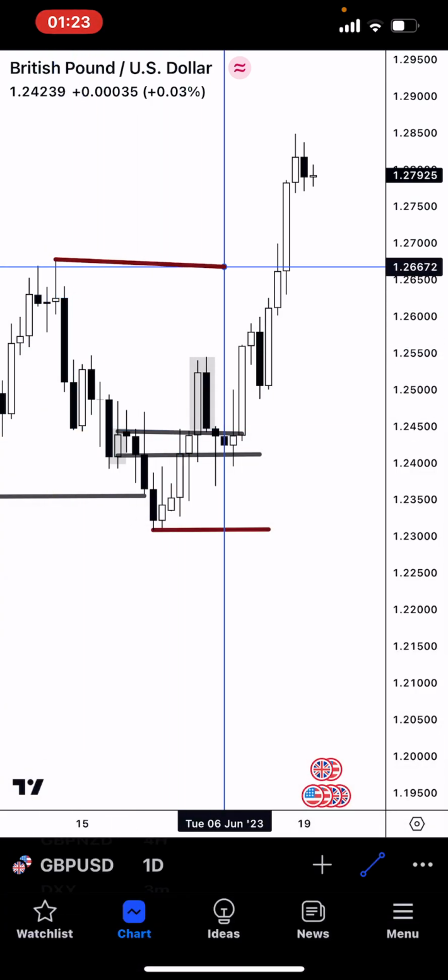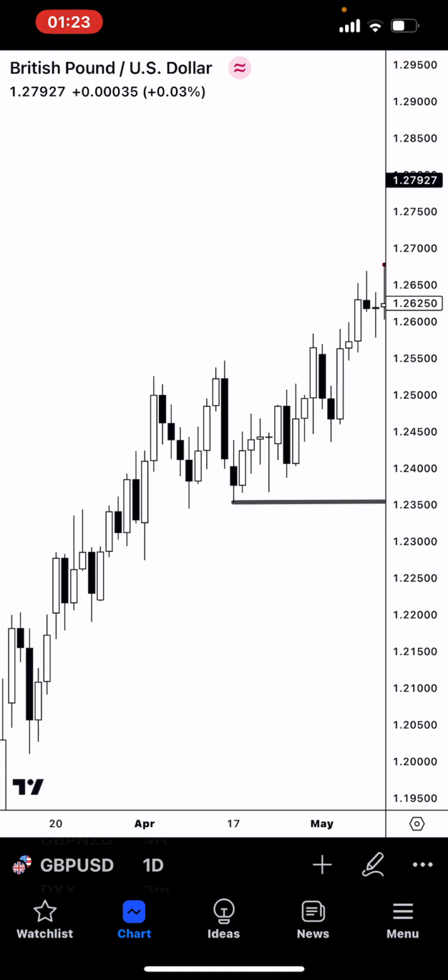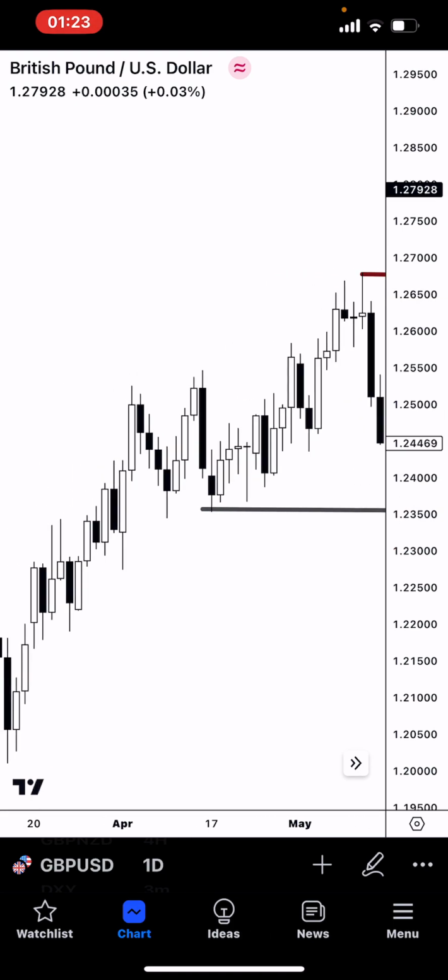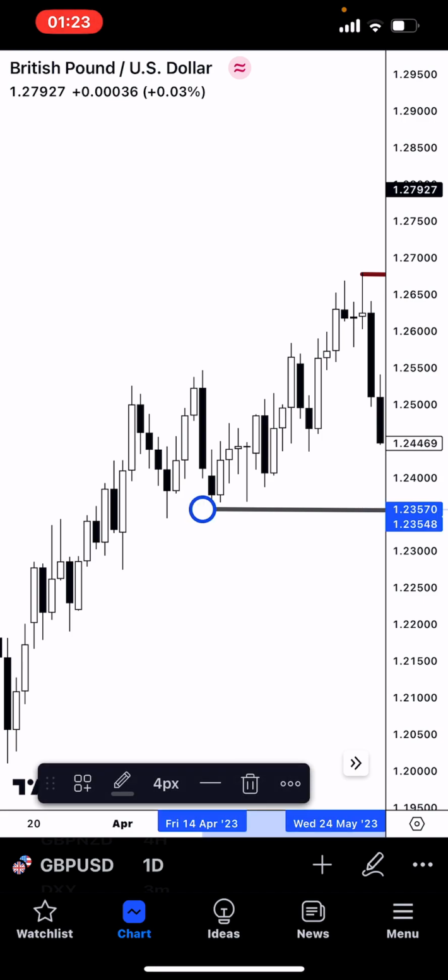So you might be thinking right now, why did I choose this low? That's because it created that high. So these two areas were areas of long-term liquidity, areas where the market has accumulated a lot of orders on each side, and it needed to take one side out and then go higher.